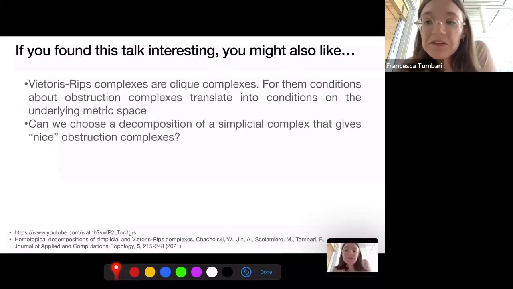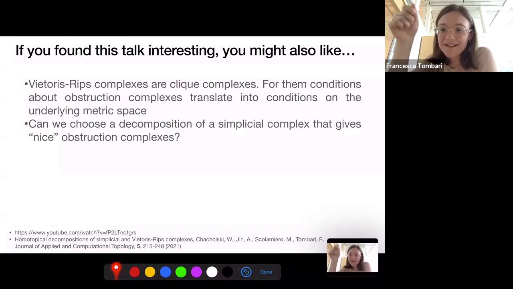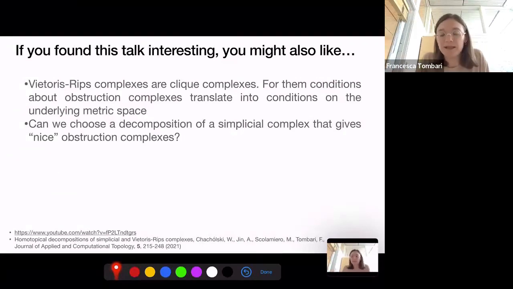To be honest, we have never investigated that. We went through this pipeline of generic, clique, and Vietoris-Rips to particularize the theorems. But if one just jumps from the generic results to Čech complexes, that might be of interest. Absolutely, it can be done.